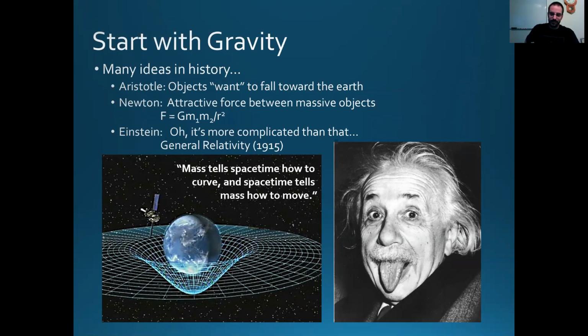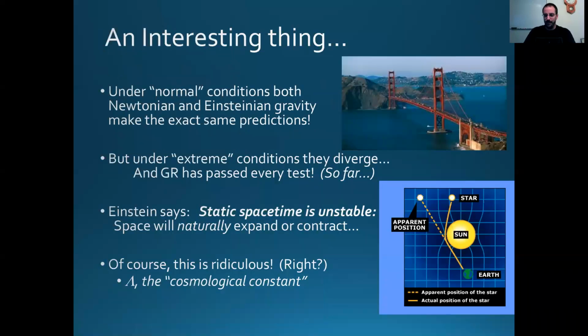In fact, even Einstein, it took him 10 years to establish these equations, and even he couldn't find many solutions to it. It was people later like Schwarzschild and Kerr and Kip Thorne who were able to finally start producing solutions to Einstein's equations. So anyway, as I said, under normal conditions, both Newtonian and Einsteinian gravity make pretty much the exact same predictions to within parts per million, parts per billion precision.